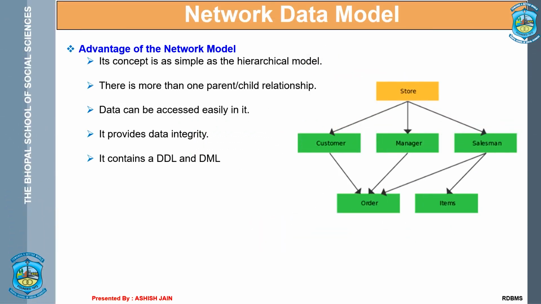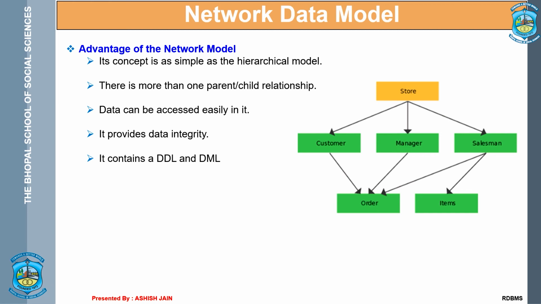Let us see some advantages and disadvantages of the network model. Advantages include, its concept is simple as it is an advanced form of the hierarchical model. There is more than one parent-child relationship. We have more than one parent to a single child. Data can be accessed easily in it, because to reach a particular node you have more than one path available.